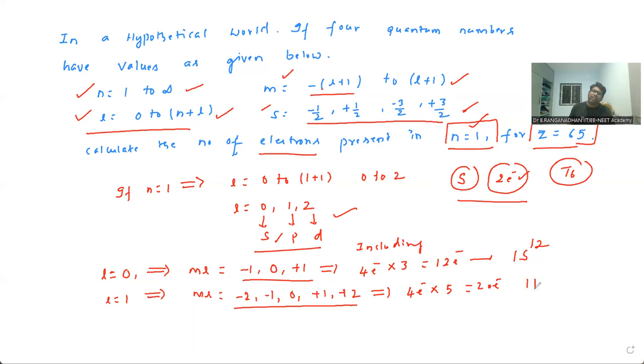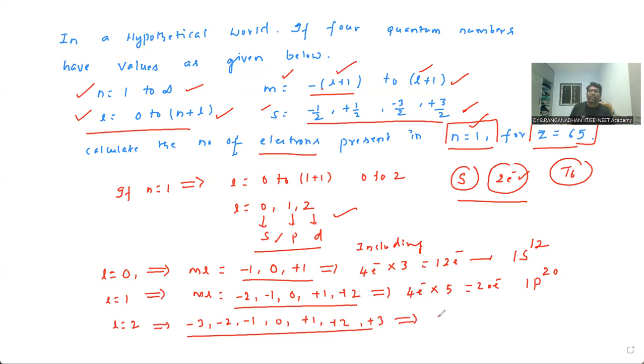L equals 1 means which orbital? 1p, with 20. Okay, if L equals 2, substituting in this equation, m can be minus 3, minus 2, minus 1, 0, plus 1, plus 2, plus 3. How many subcells? 7 subcells are possible.